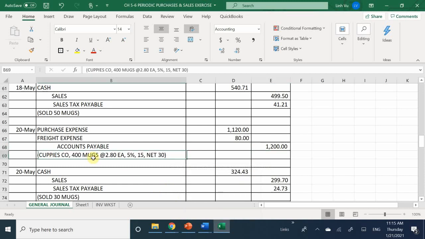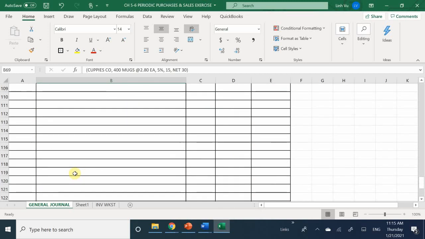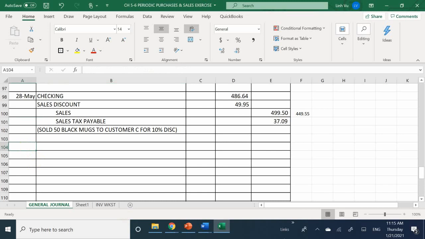Okay, so I'm going to go back to my journal. So a few things that we're going to be doing is we are going to be decreasing our accounts payable. So what was my total accounts payable that I owe?